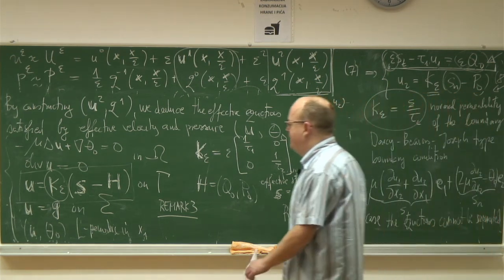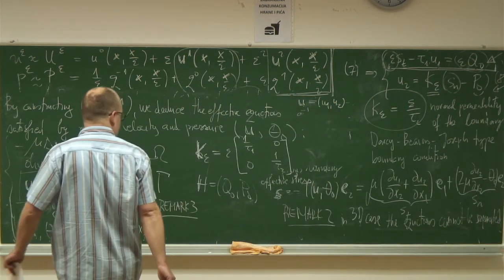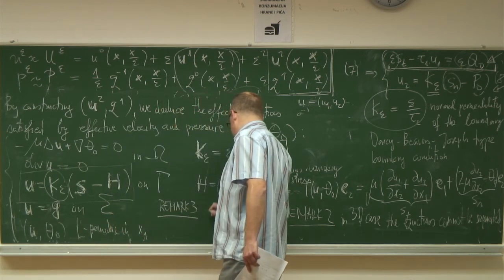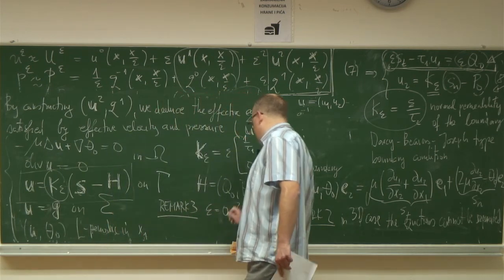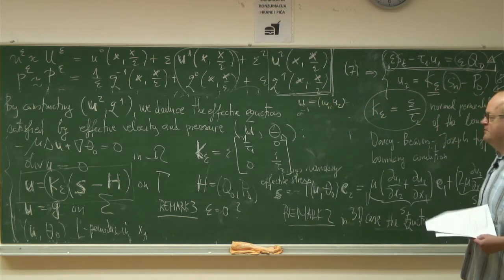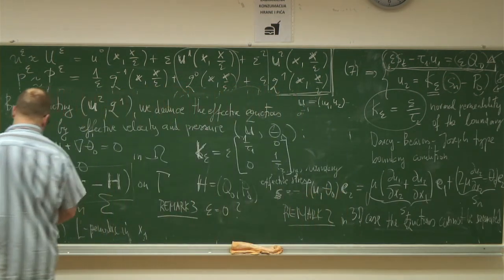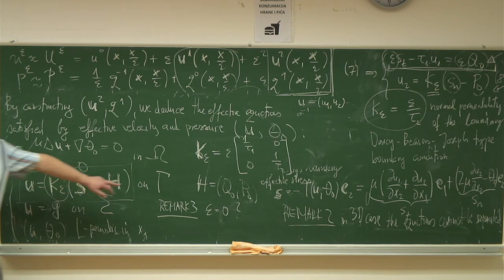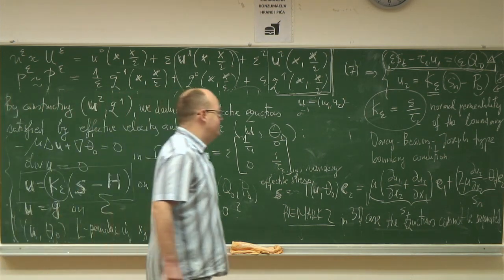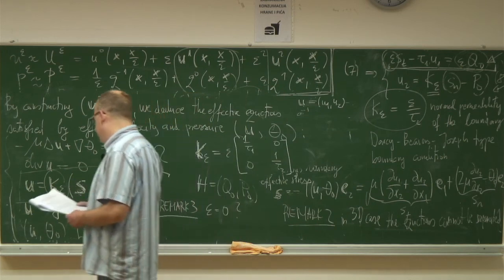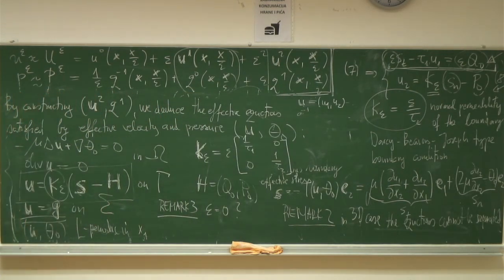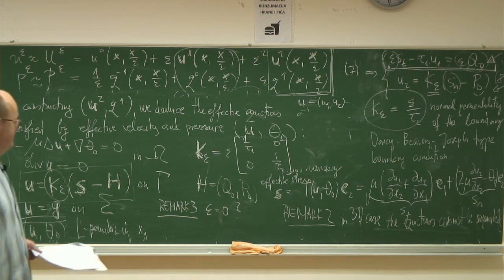Now the natural question would be, can we put epsilon equal to 0? If we put epsilon equal to 0, what will happen? That will mean that the effective boundary condition on a porous boundary is essentially the Dirichlet boundary condition, isn't it? And then this problem is not well posed, because we have this inflow condition and the compatibility condition will not be satisfied.